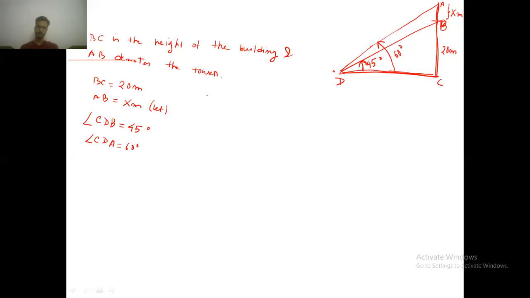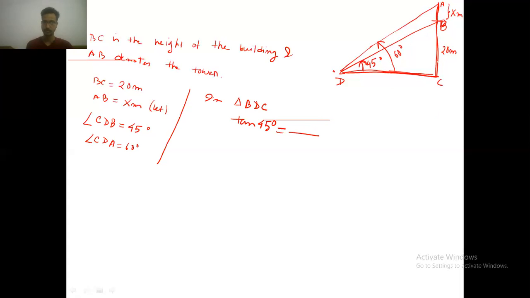Now you have to find AB. So how can you find AB? First you have to see the smaller angle, that means angle BDC. So write down in triangle BDC, tan 45 degree equal to, how much?